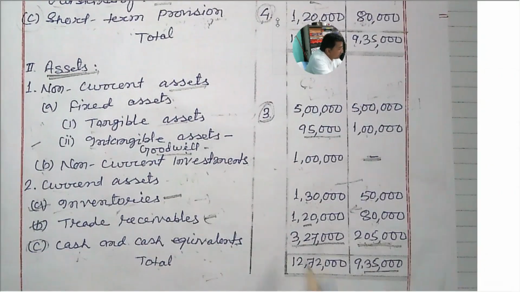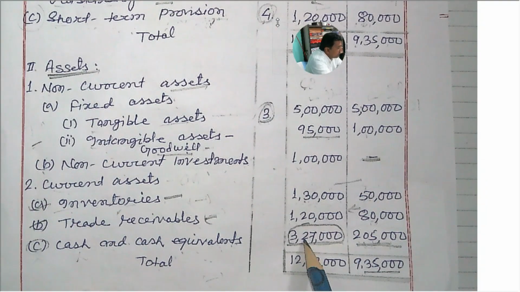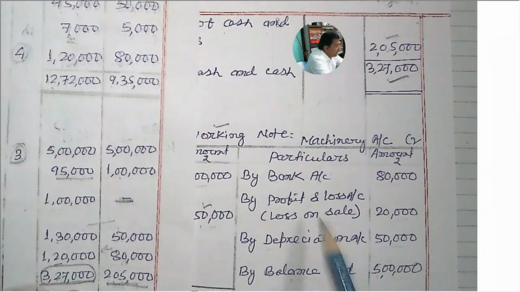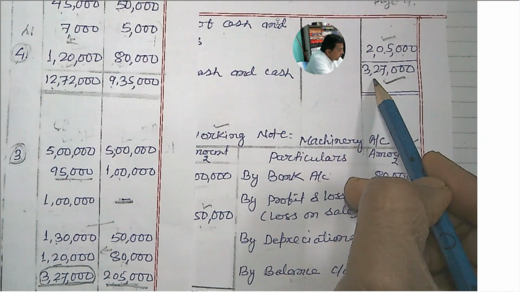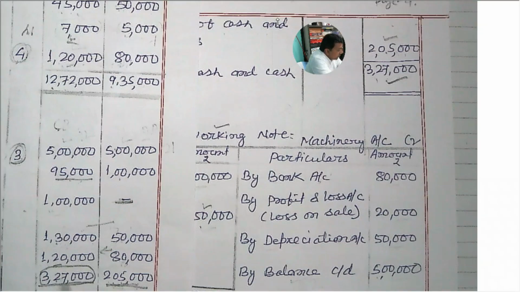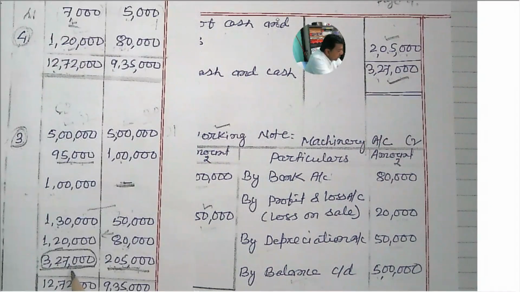This is the closing balance. This figure must be equal to the figure obtained here. Then we conclude that our cash flow statement is almost correct.